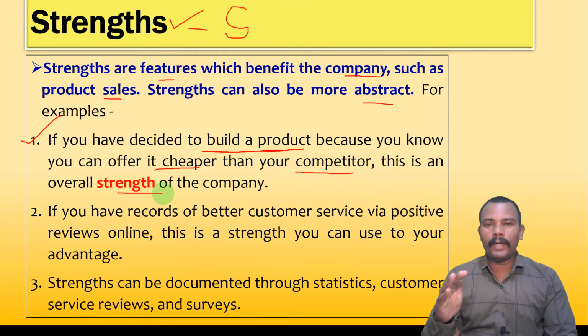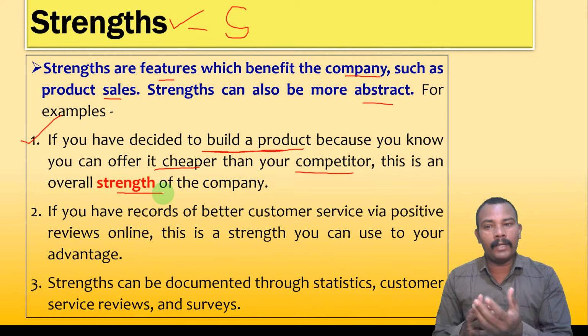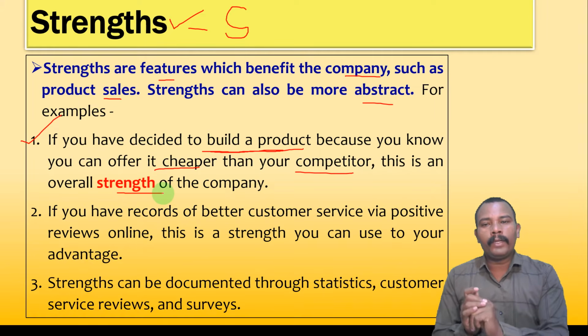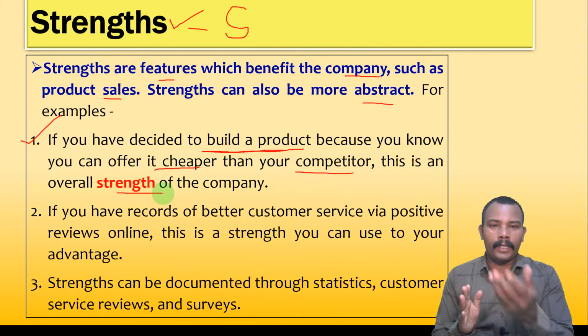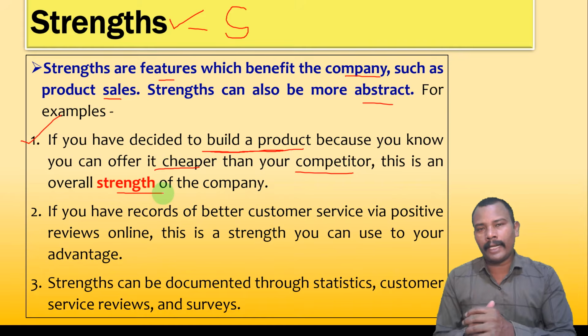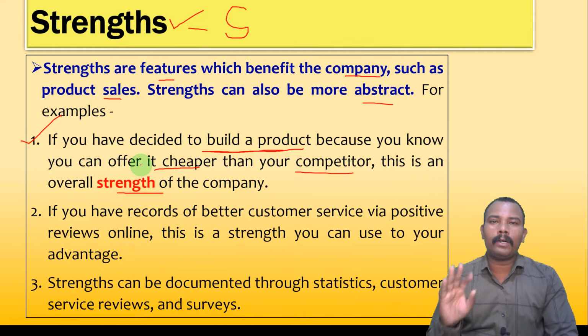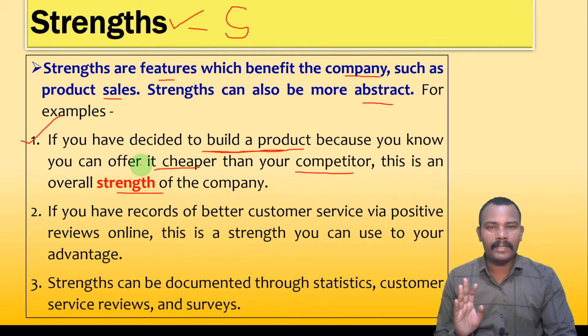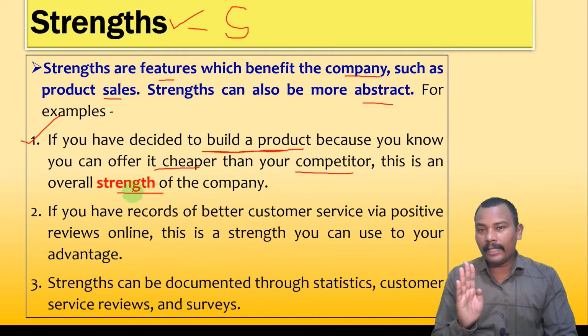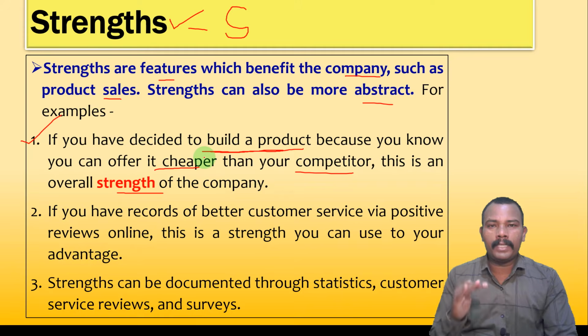Suppose you are going to manufacture a particular product and you can offer it cheaper than your competitor, meaning another firm, another organization or company. In that case, this can be your strength. This is the positive point. You can sell that in less cost. Cheaper means in less cost.